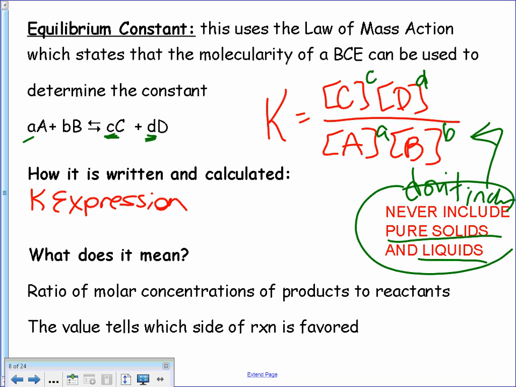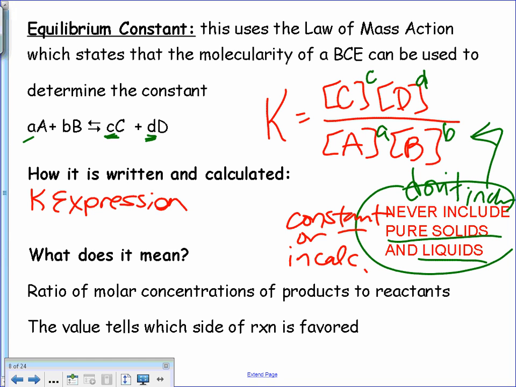It's got to be moles of solute over liters of solution, and a solid is not a solution. So you cannot get the molarity for it. The molarity is constant, or incalculable. Pure liquids are the same way. You can't have moles of water over solution of water, right? It's the same thing, and that's why we don't include them.